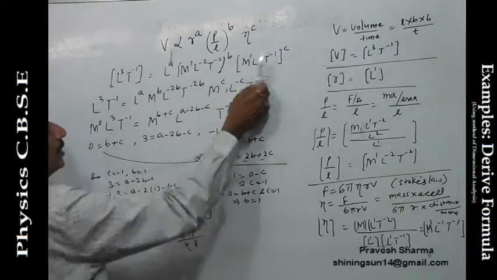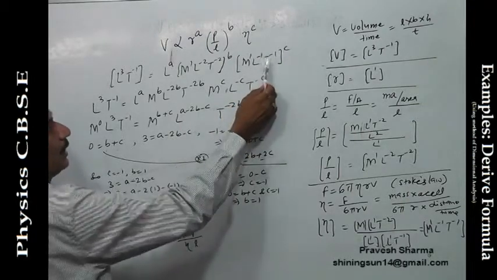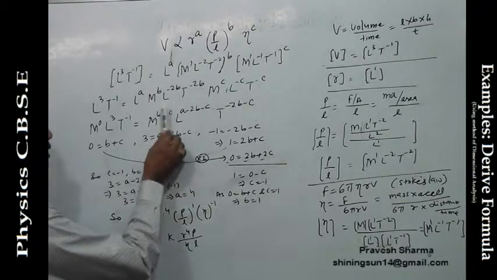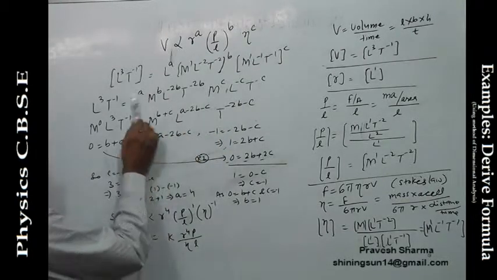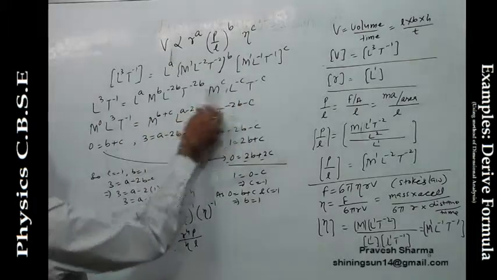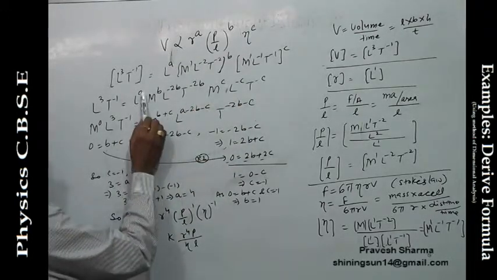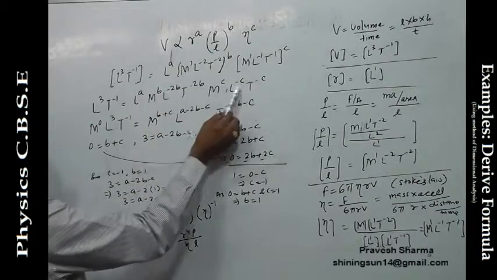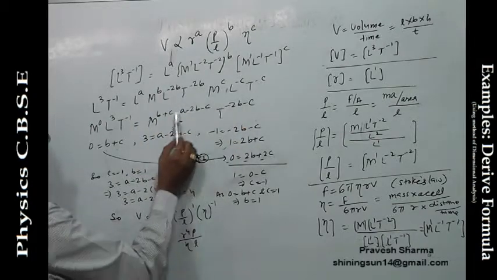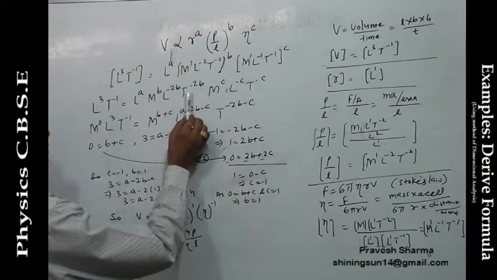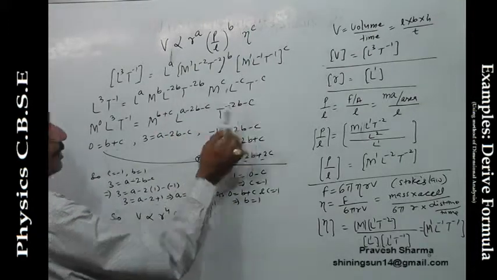Similarly, M to the power c, L to the power minus c, T to the power minus c. Now we segregate in terms of M, L and T. So M to the b plus c, L to the a minus 2b minus c, T to the power minus 2b minus c.